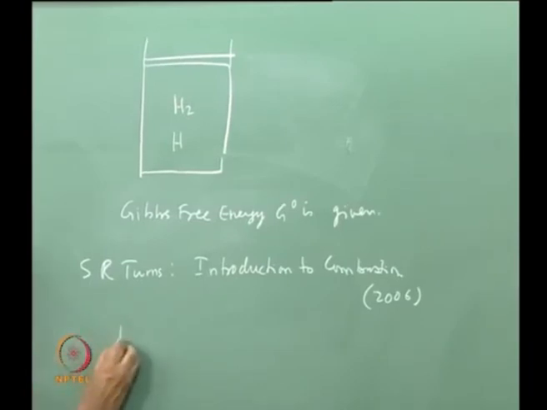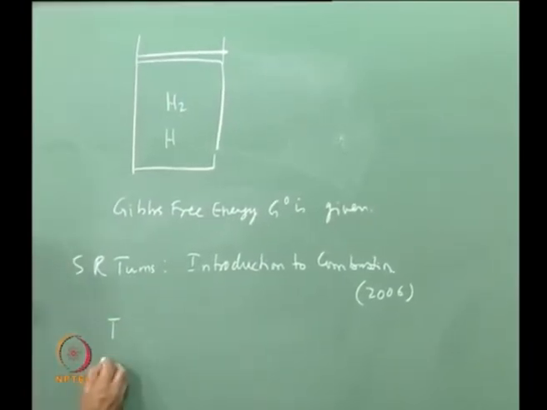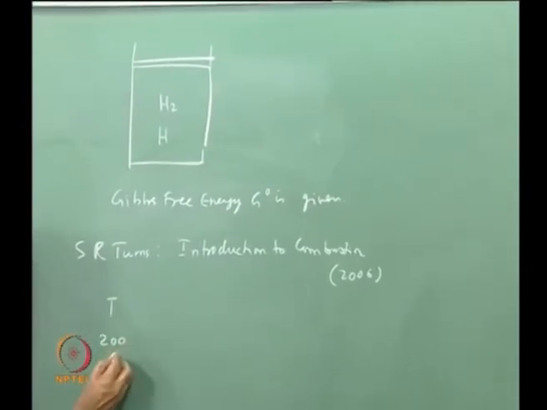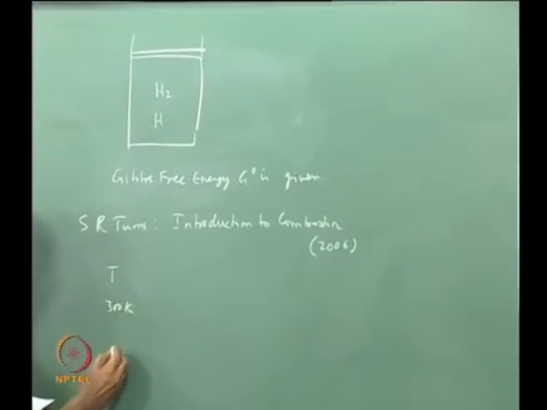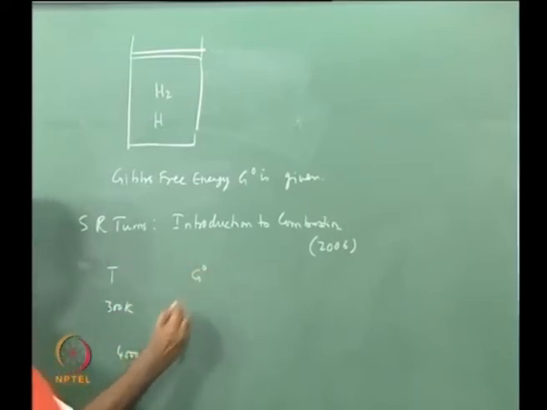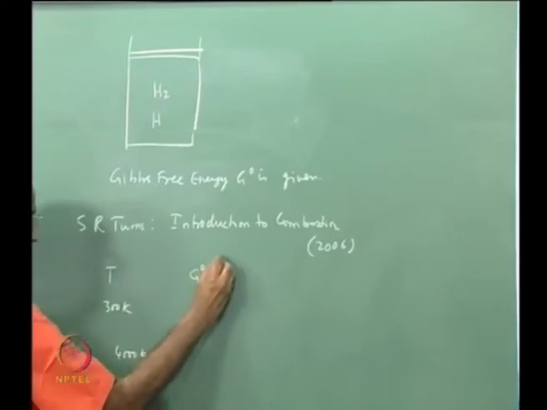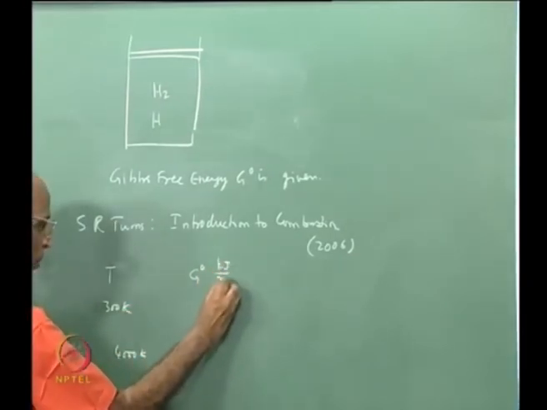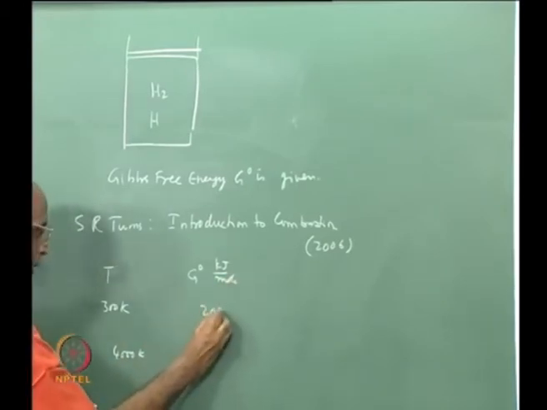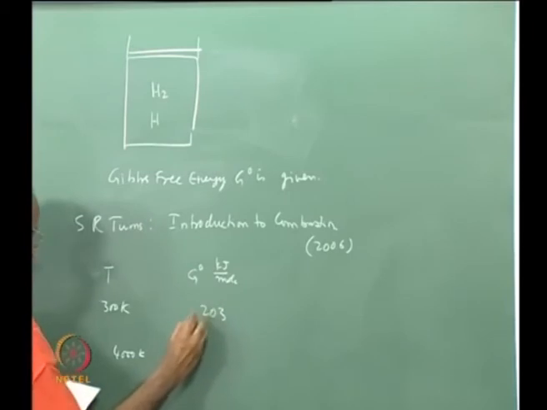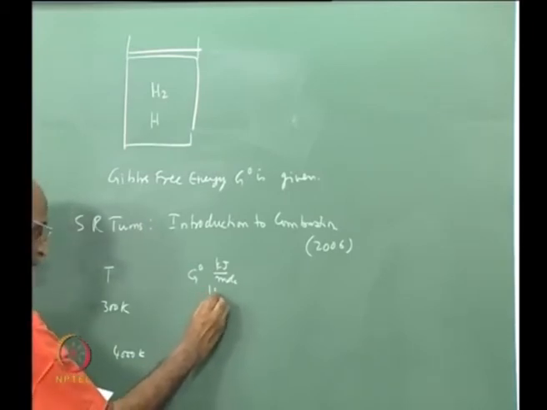If we are going to look at temperature, I will just take two values: let us say 300 Kelvin and 4000 Kelvin. The value of G naught, that is the standard Gibbs free energy, at 300 in kilojoule per mole is 203 for the hydrogen atom.